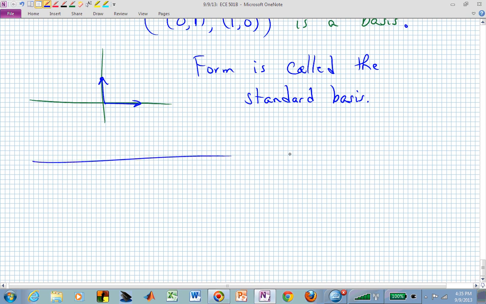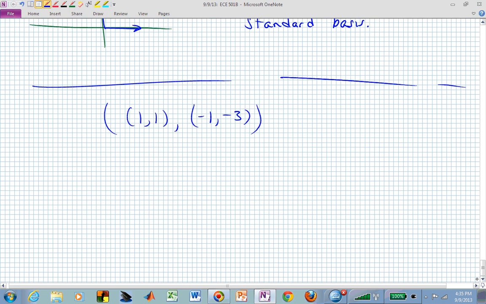What's another example? Suppose that I give you the set 1, 1 and minus 1, minus 3. Can we use that set of vectors as a basis? And if it's not making sense, we could say, well, let me just sketch those and see what I have. There's the first vector, and now the second vector is minus 1, minus 3. That's down here.